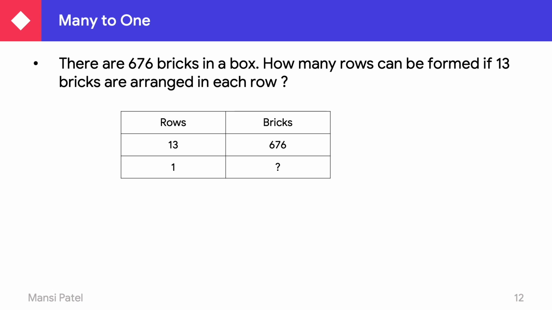And in these 13 rows, the total number of bricks is 676. What you have to find out? You have to find out how many rows can be formed. So, one row is equal to how many bricks?